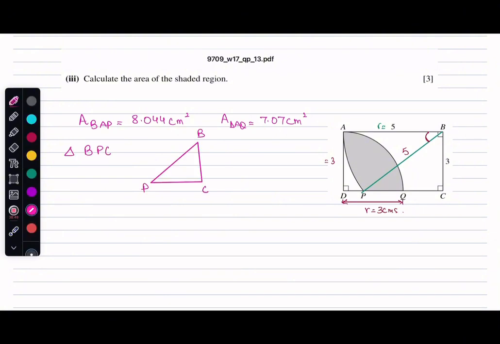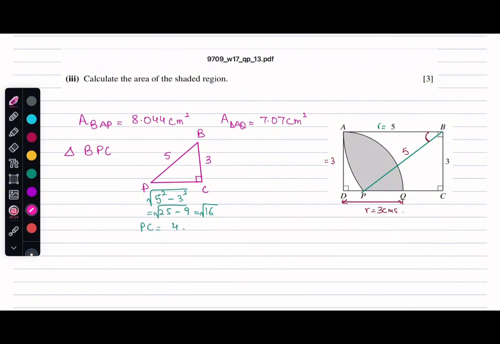Let's find the area of triangle BPC. The hypotenuse is 5 and the perpendicular is 3, so PC squared is 5 squared minus 3 squared, which is 25 minus 9, giving 16. The square root of 16 is 4, so PC is 4.